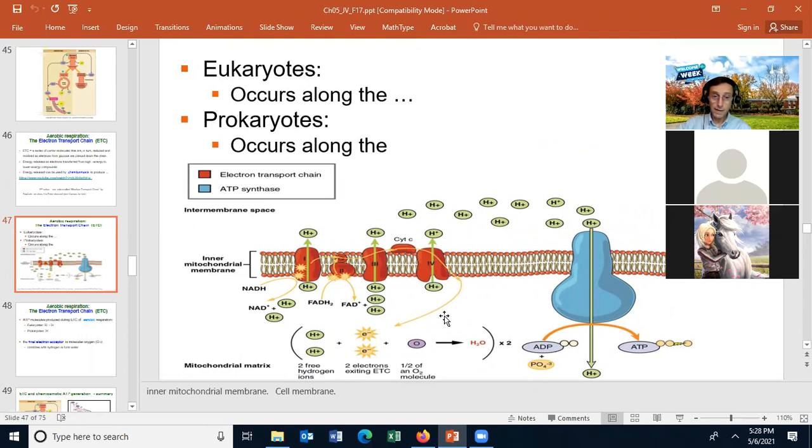And then the electrons at the end, right here, combine with hydrogen ions and oxygen to form water. This is why you have to breathe. The oxygen, when you breathe, is converted in aerobic respiration into water. None of that oxygen is converted into CO2.